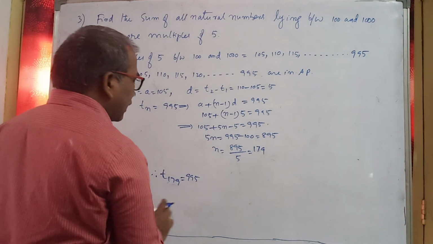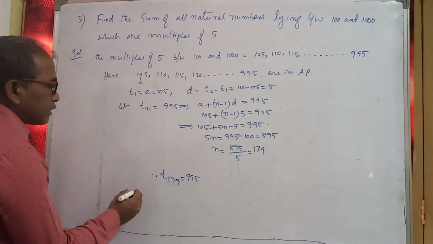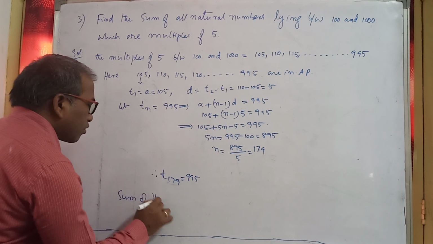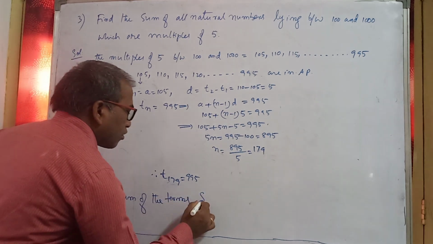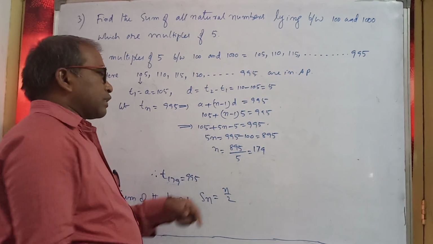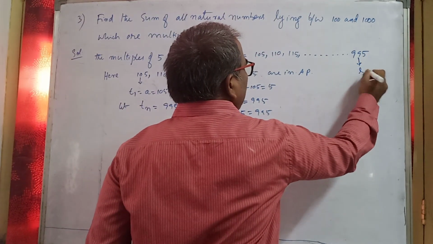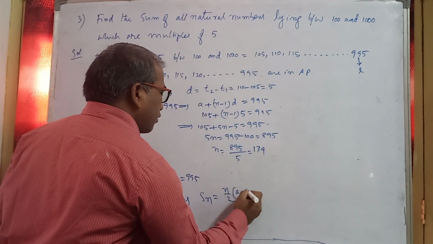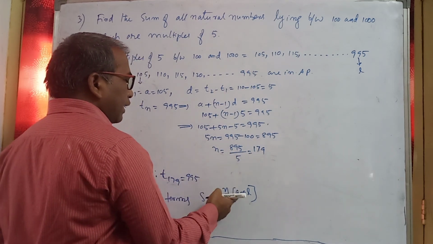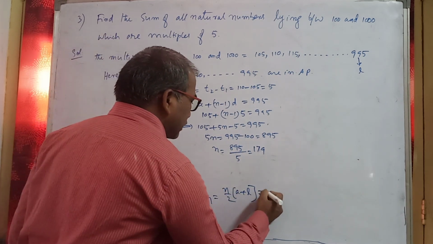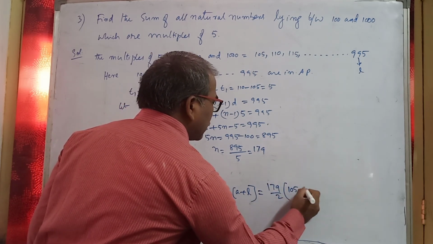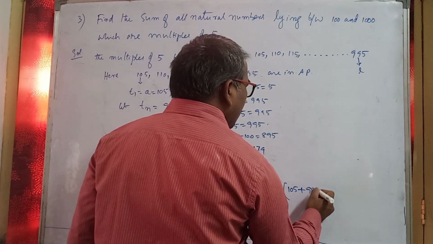Therefore the sum of the terms: the Sn formula. If you know the last term, I told you, you can use first term plus last term: Sn equals n by 2 into (a plus l). Here n is 179, a is the first term 105, and l is the last term 995.